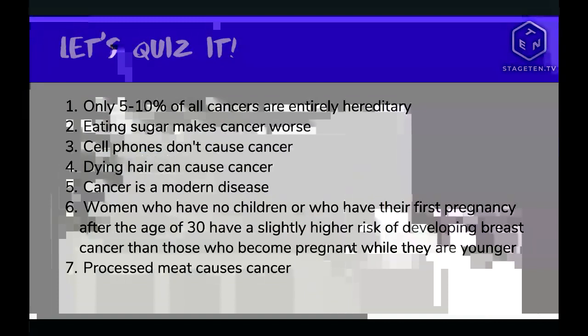This statement was true. The International Agency for Research on Cancer has classified processed meat as a carcinogen, something that causes cancer, and it has classified red meat as a probable carcinogen, something that probably causes cancer.